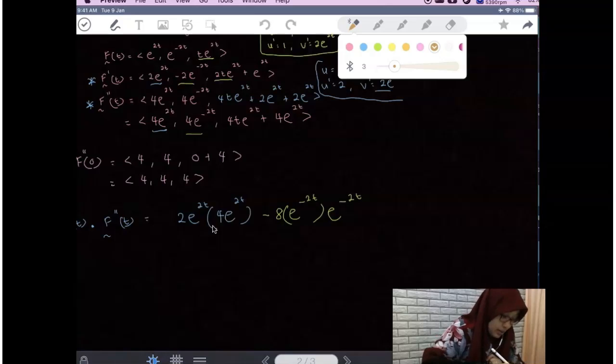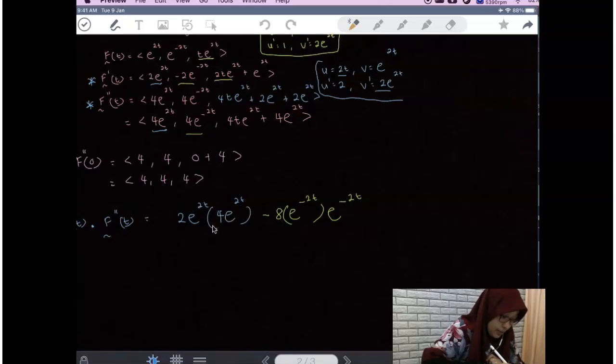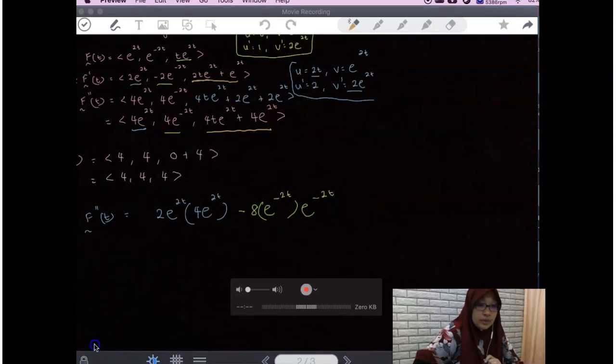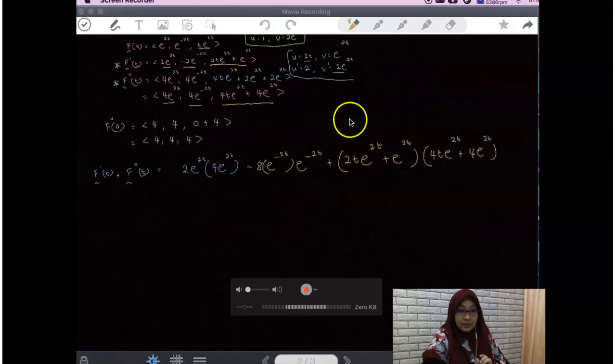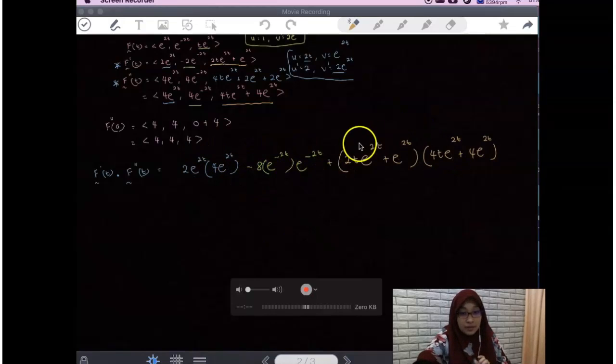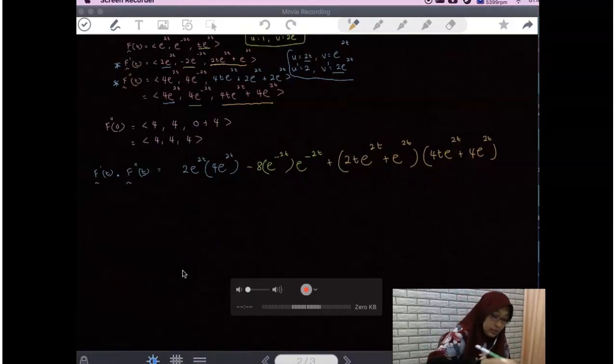So we have this one and we have that one. That is the multiplication of the z component. It's a bit longer than the other components. Alright, so now it's time for us to expand. You need to expand this one, and of course this one.